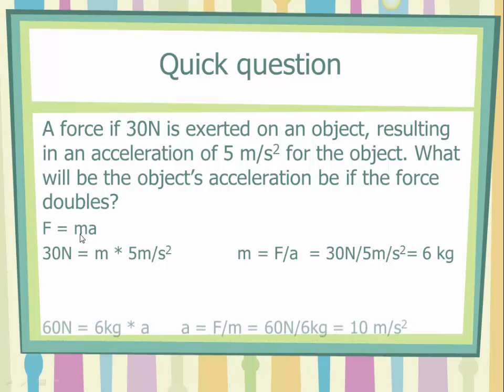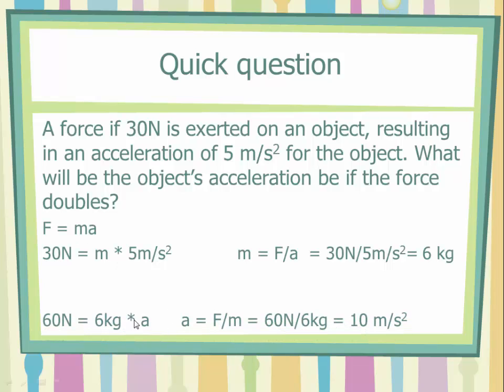So then we can work through that equation, and we find that your acceleration is equal to force divided by mass, and you're going to get 60 divided by 6, so that's going to give you 10 meters per second squared. So if you notice, if your force doubles, so does your acceleration.